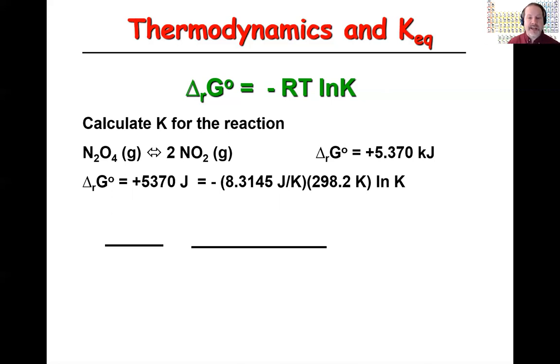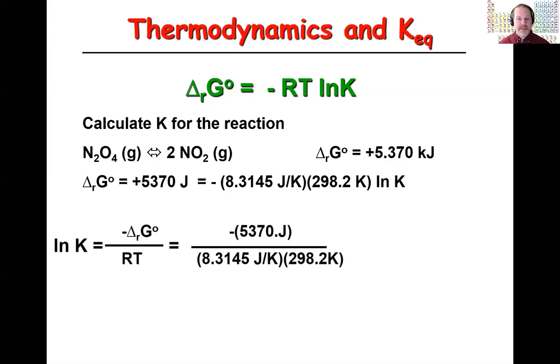Now notice I went ahead and already converted the kilojoules to joules so that my joules and joules here will all match up in terms of units. The units help me to decide what I should do next. So that's very important. Now I'm going to divide both sides by 8.3145 and 298.2, essentially moving these two values along with the negative sign over to one side of the equation, which ends up over here.